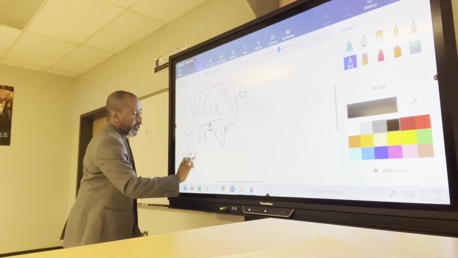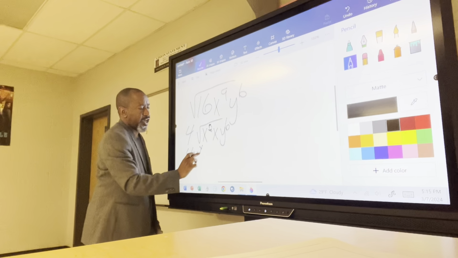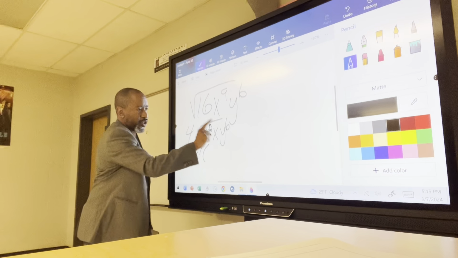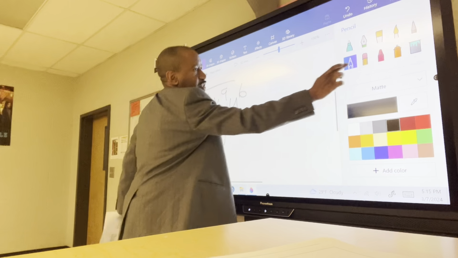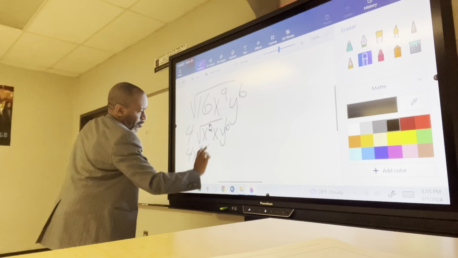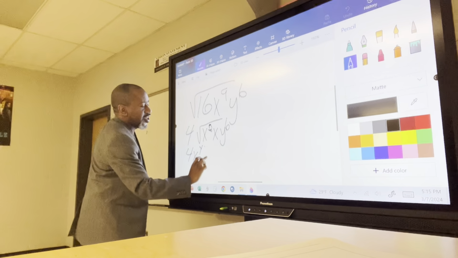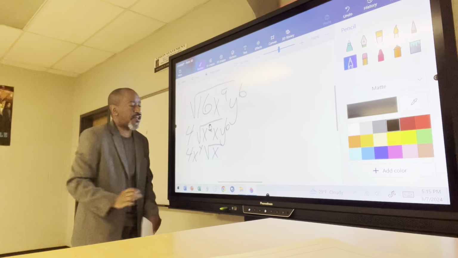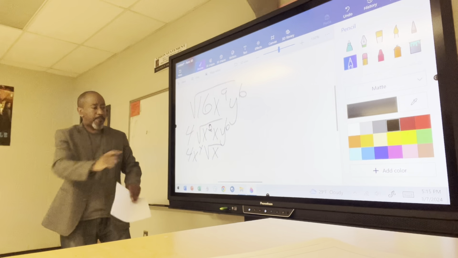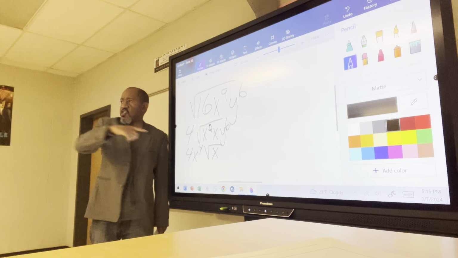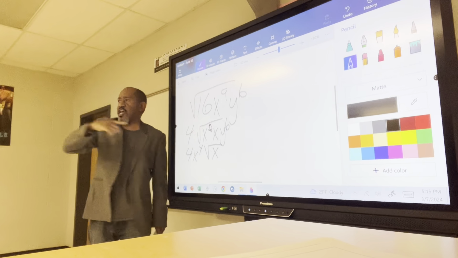So we have x to the 4th on the outside, and let me erase this right quick so I don't get it too messed up. So we have x to the 4th on the outside, but inside the square root we keep the variable x, because when we put x to the 4th inside, it'll be x to the 4th times x to the 4th, which is x to the 8th, and x to the 1st will give us x to the 9th.